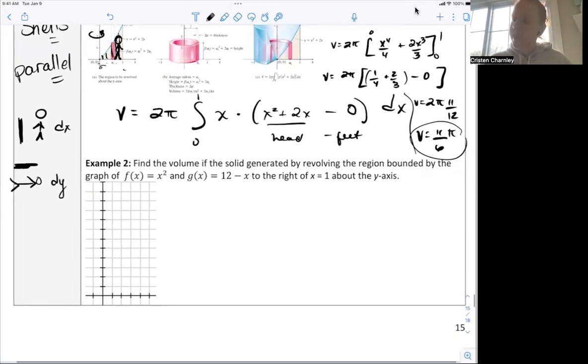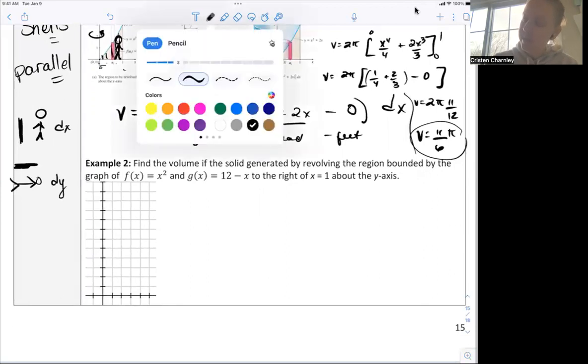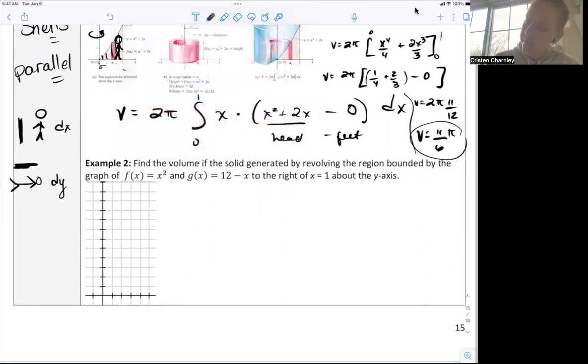So example 2, find the volume of the solid generated by revolving the region bounded by f of x equals x squared and 12 minus x, to the right of x equals 1, about the y-axis. So I know f of x is equal to x squared. Let's pick a color. F of x equals x squared.